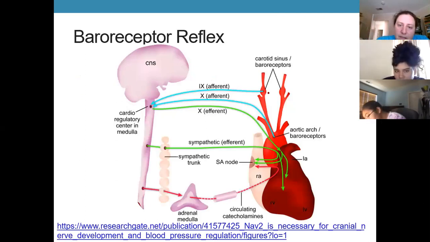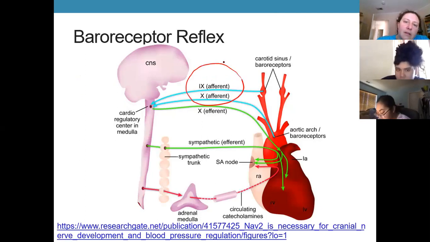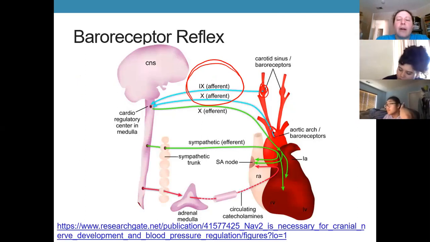The sensory information is carried by cranial nerves 9 and 10 for the different baroreceptors. And the integration is going to occur in the cardiovascular regulatory center in the medulla.